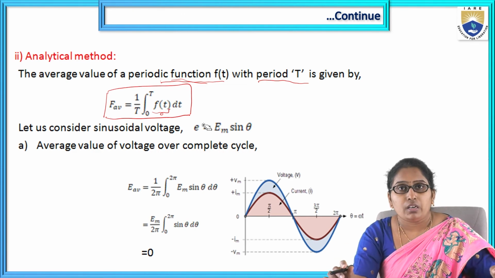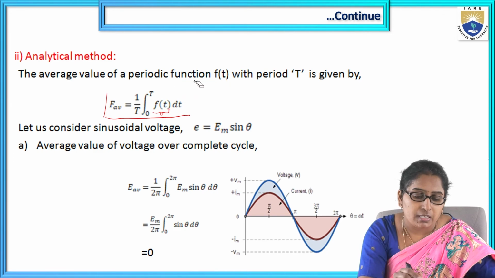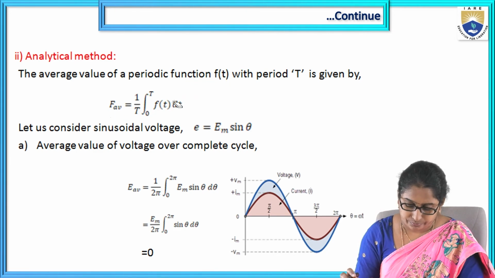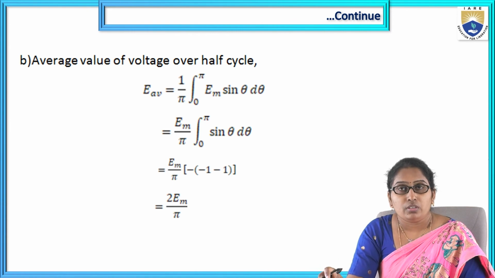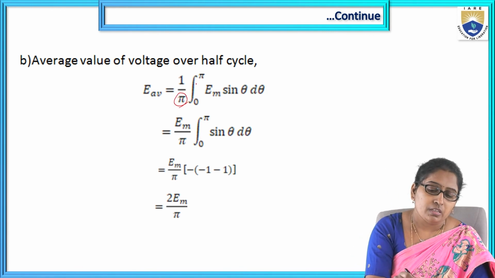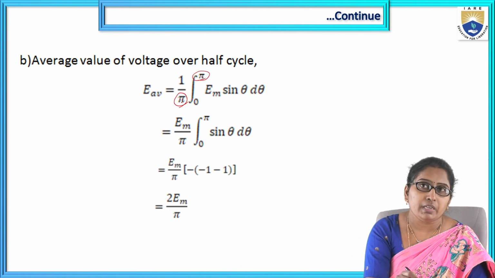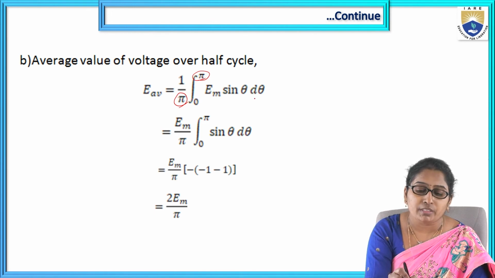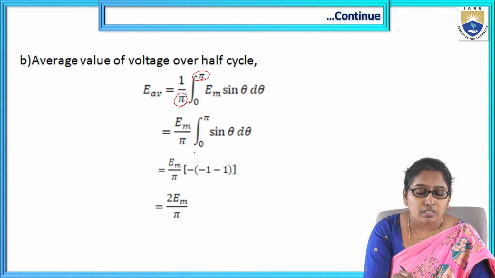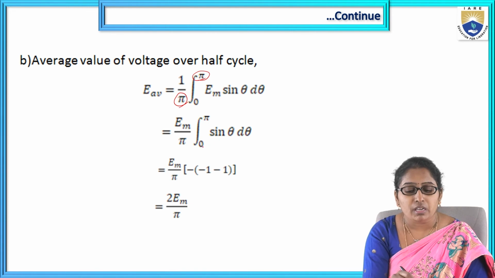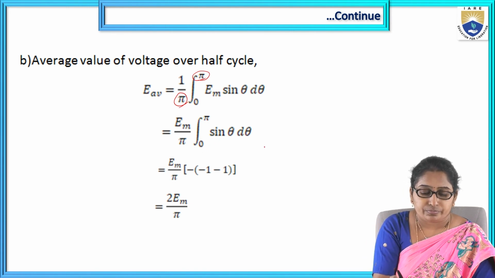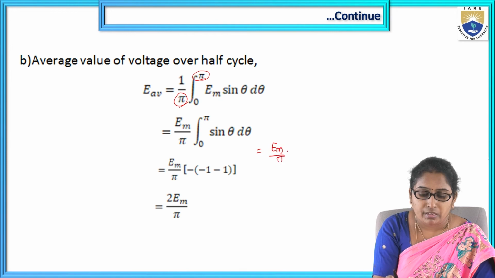Let's calculate the average value of voltage over a half cycle. For a half cycle, what is the time period? Pi. So 1 by pi into the integral from 0 to pi of Em sine theta. Take Em out: Em by pi integral of sine theta. The integral of sine theta is minus cos theta, so Em by pi times minus cos theta from 0 to pi.